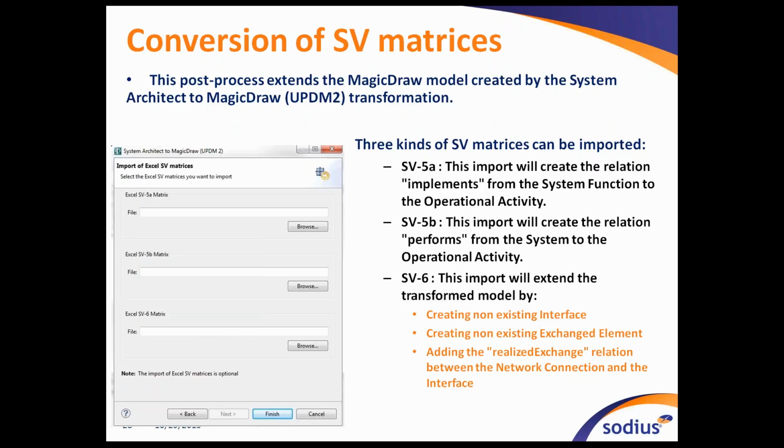And the SV6 matrix will import three kinds of information. It will create the non-existing interface, it will create the non-existing exchange element, and it will add the realized exchange relation between network connection and interface.